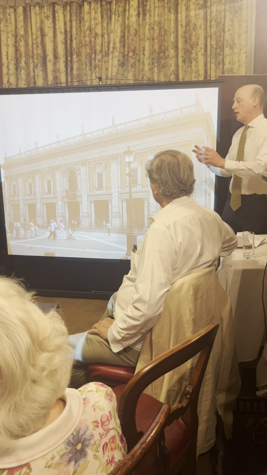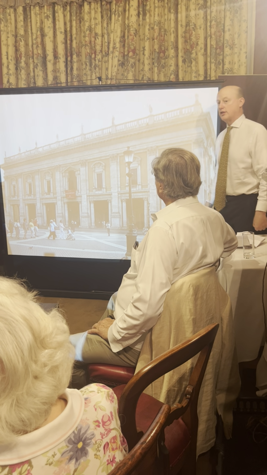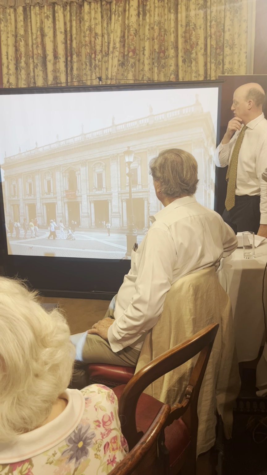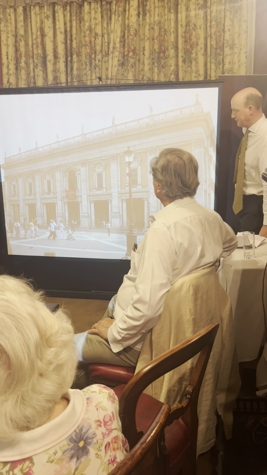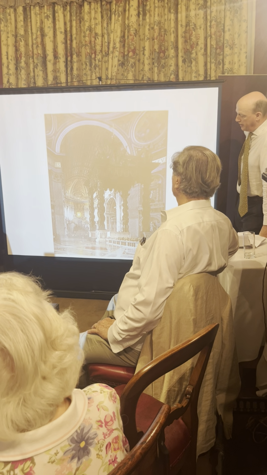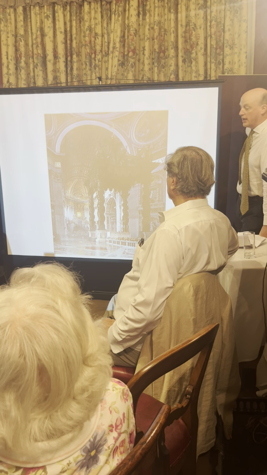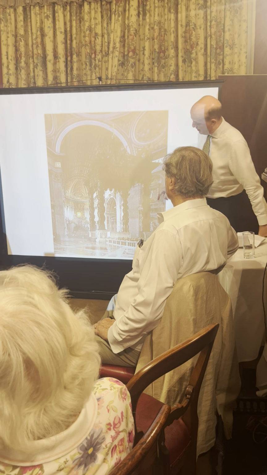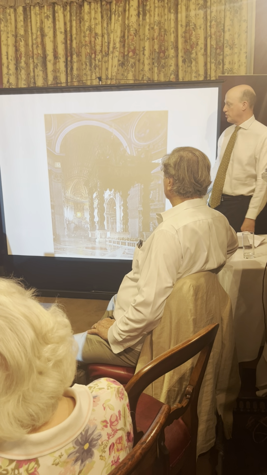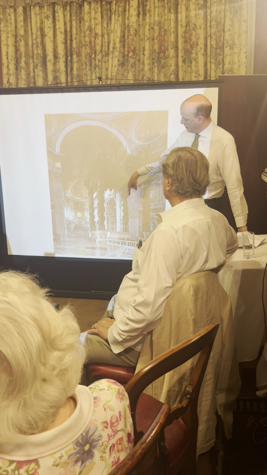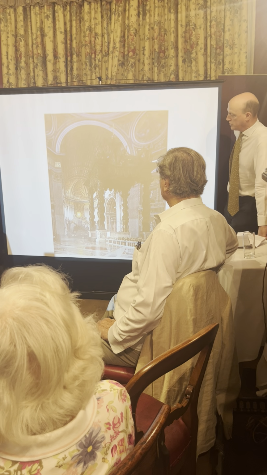So there were little additions added to the corpus of rules, if you like, in the Renaissance period, and British architecture added on their own little embellishments too. Next slide, please. Another kind of embellishment. This is the Baldacchino in St. Peter's by the great architect Bernini, and here he's used these columns, which are sometimes called barley sugar columns, like sticks of barley sugar, or they're called Solomonic columns, like those used in the Temple of Solomon, and we also borrowed those.